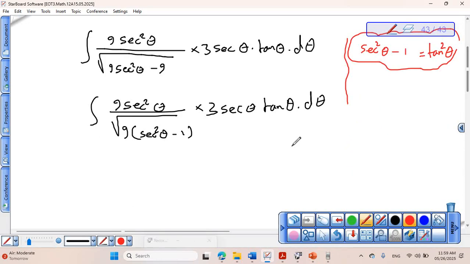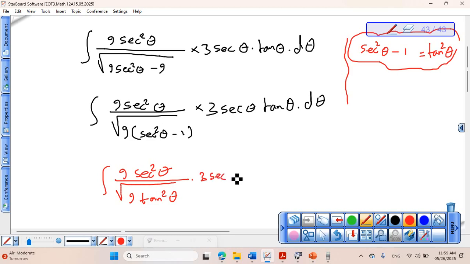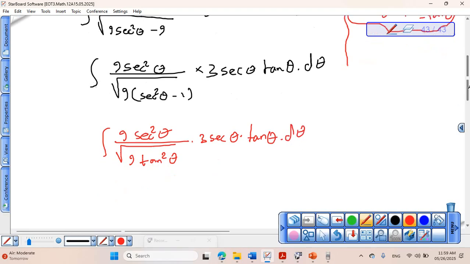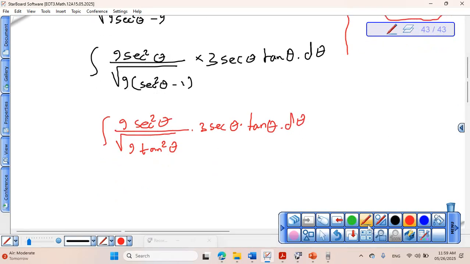Just substitute here. This is the integral of 9 sec square theta, radical 9 tan square theta, times 3 sec theta tan theta d theta. Everything is ready now. We can cancel.